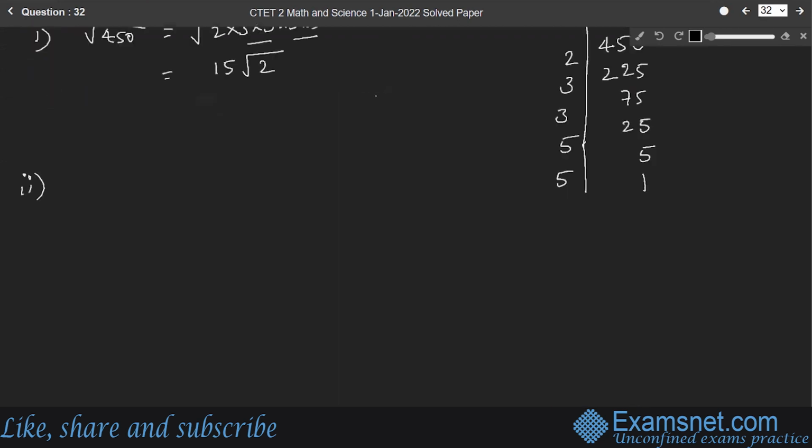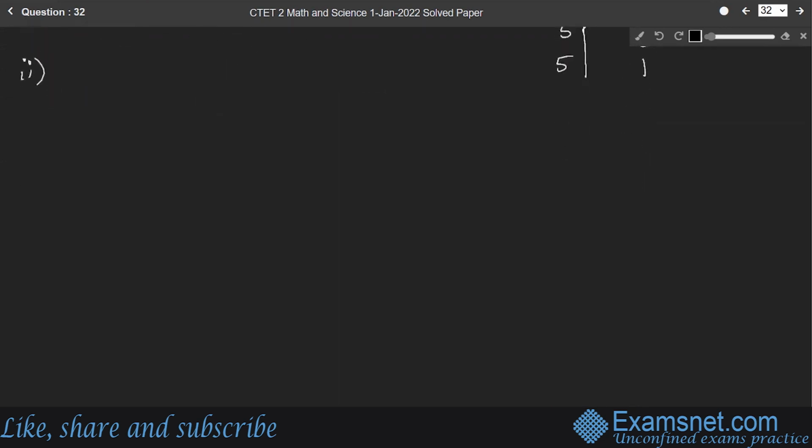The second number is square root of 338. Again by factorization method, 338. So 2 into 169. The factors are 13 into 13.